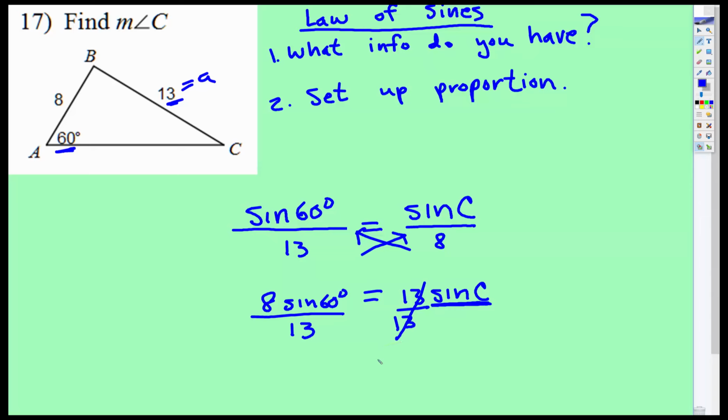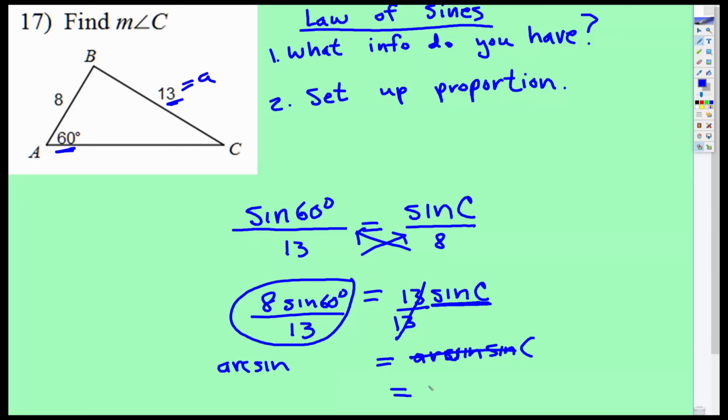This one is a little bit trickier because when we're done, we also have to get rid of the sine. So when we simplify this, we're going to have to take the arc sine of both sides. Arc sine. And then that will cancel out to leave us what C is.